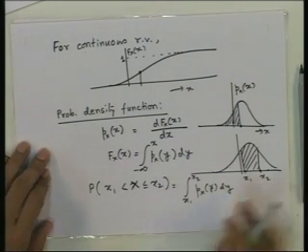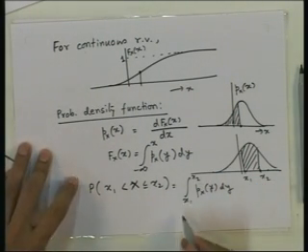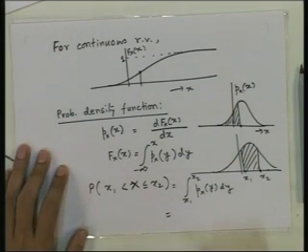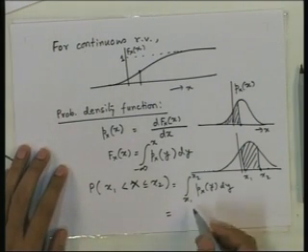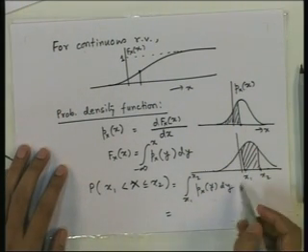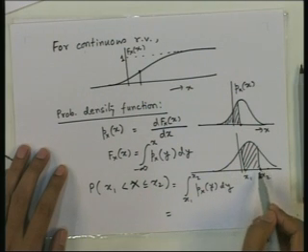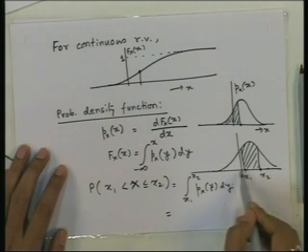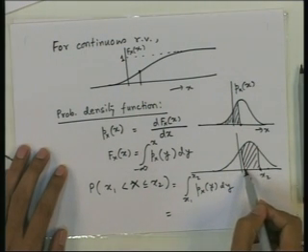And we can of course write this in terms of the cumulative distribution function also. This area is nothing but the area till x2 minus the area till x1.